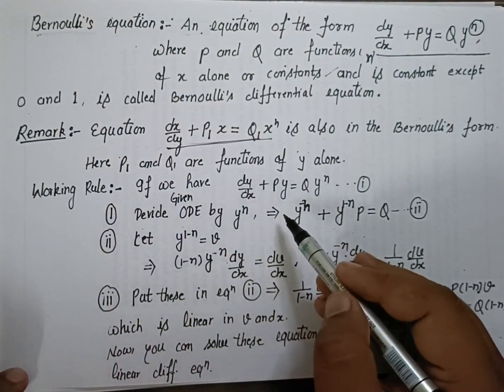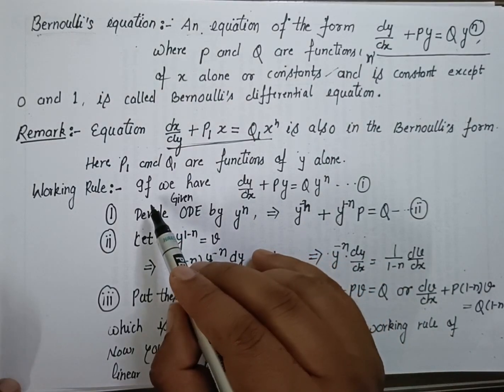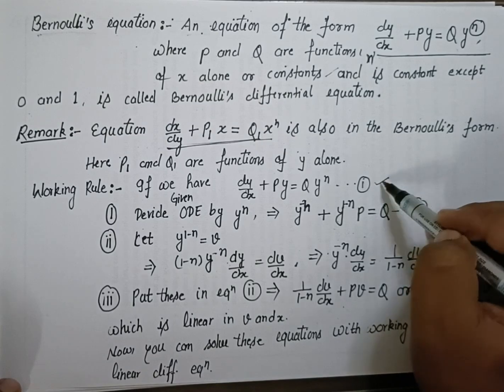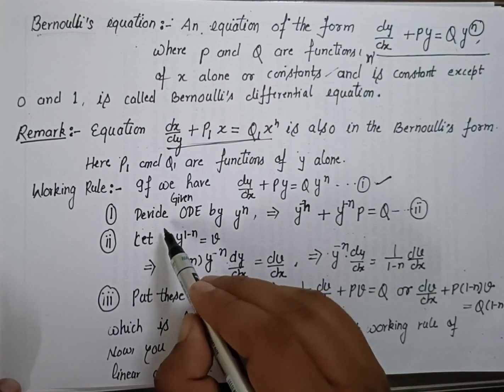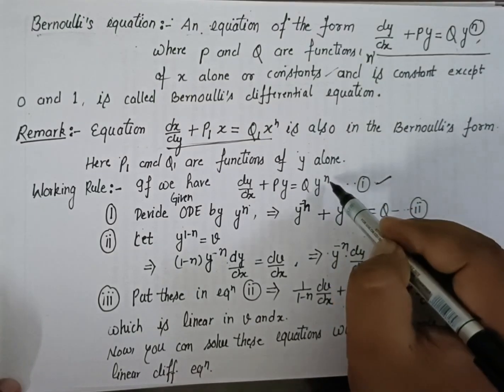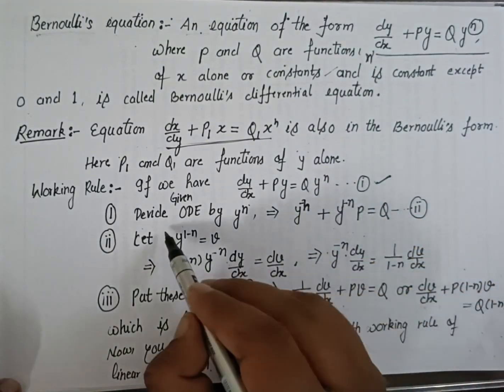So what is the working rule to solve this type of differential equation? If we have the differential equation in this form, first we divide it by y^n.